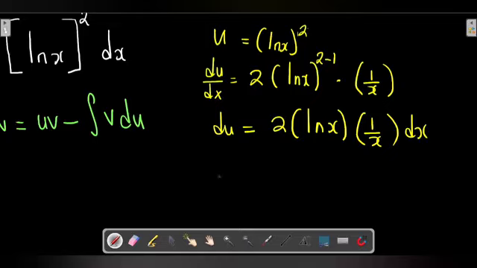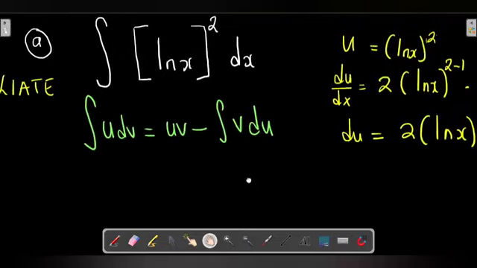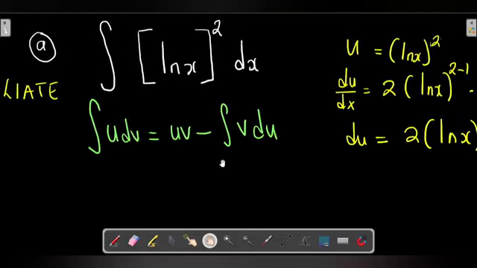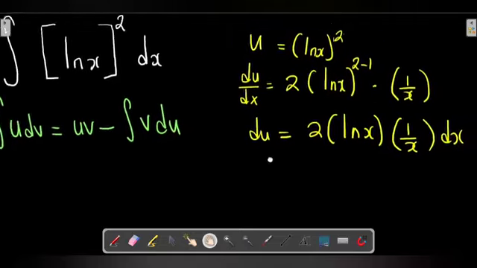Then from there, we are also going to identify dv. Once you identify your u, what remains is the dv. In this case, because we have said u is equal to ln x squared, the only thing that is remaining is dx. So what does this entail?